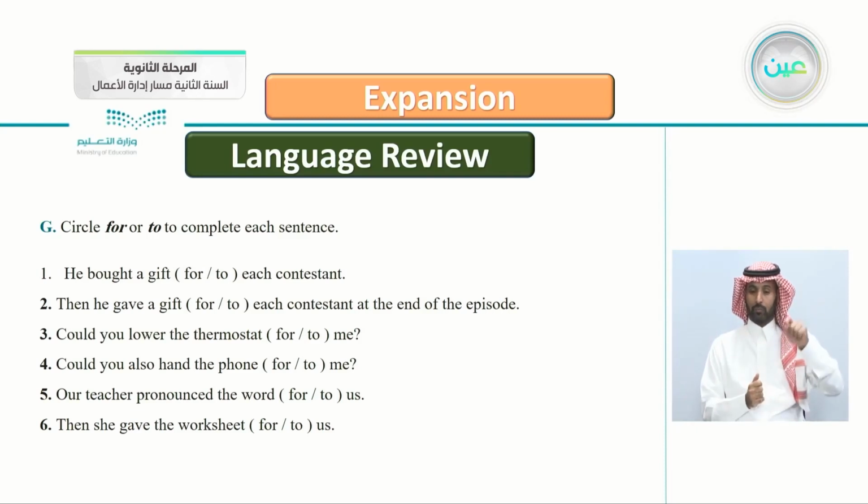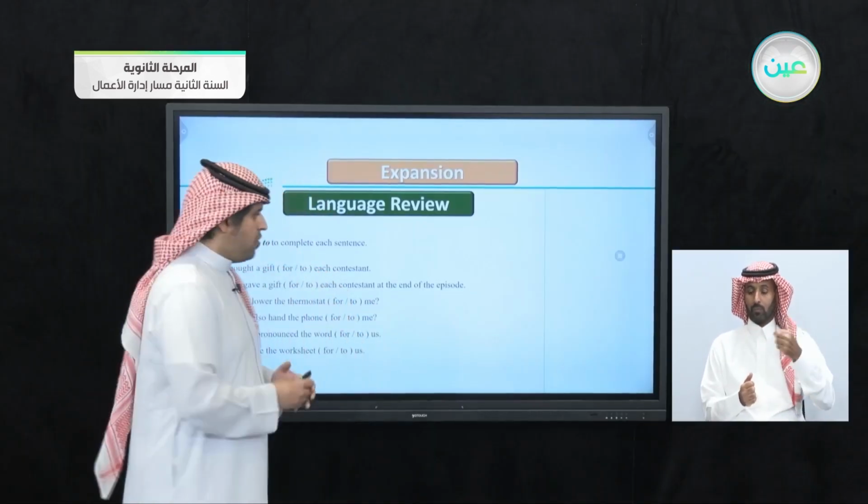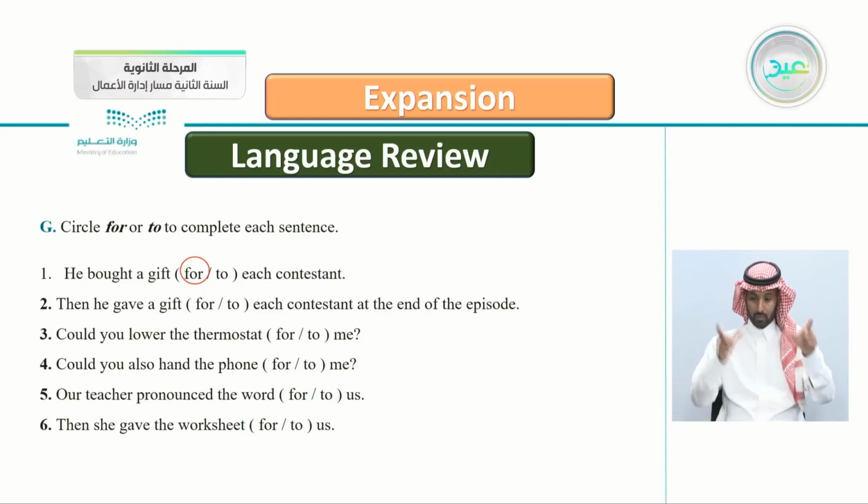So a gift here is the direct and each contestant is the indirect. Are they receiving or benefiting? So number 1 is for: he bought a gift for each contestant. They are benefiting from him for the gift.